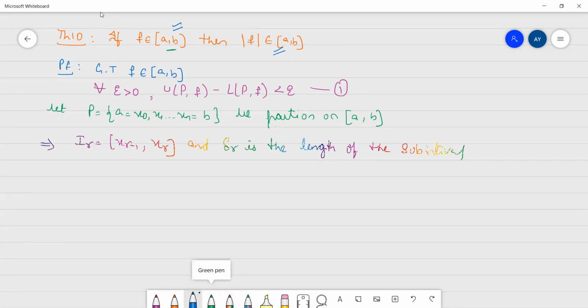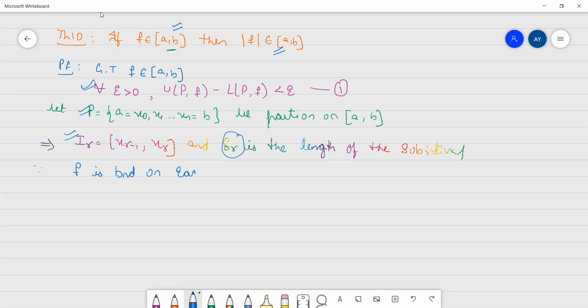Now continuing the proof. First, we have just defined the function, written the partition, written the subinterval, and then defined the length of the subinterval. Since we have got all this, f is bounded on each Ir.